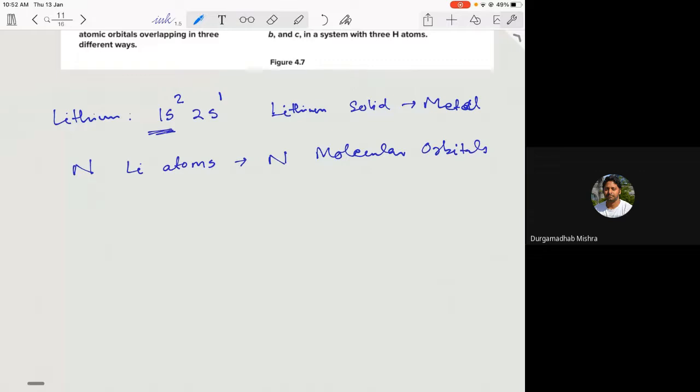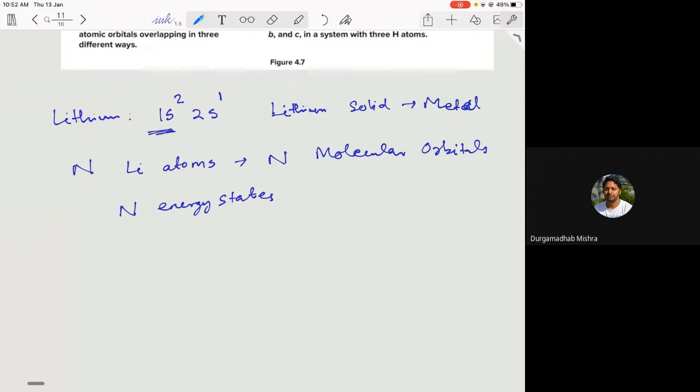So you will have n energy states. And which orbital is most likely to give these n different molecular orbitals?